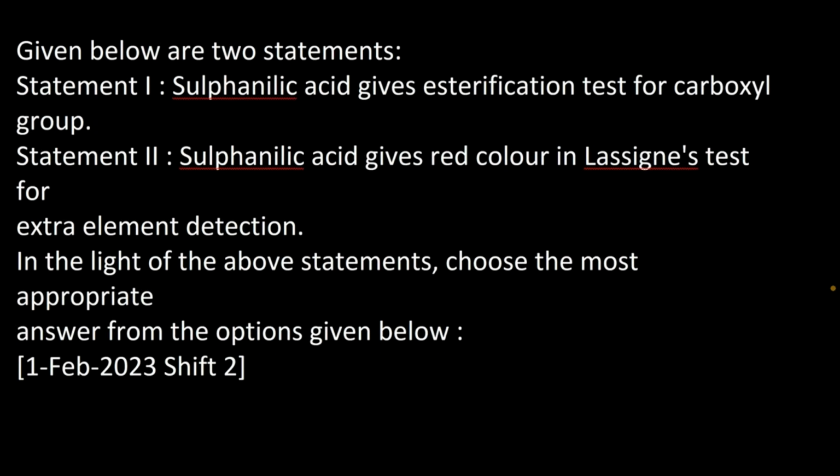In the next question, given below are two statements. Statement 1: Sulfanilic acid gives the esterification test for carboxyl group. Statement 2: It gives red color in Lassaigne's test for extra element detection. So in the light of these statements, sulfanilic acid basically will look like S double bond O, OH, on the other side NH2.